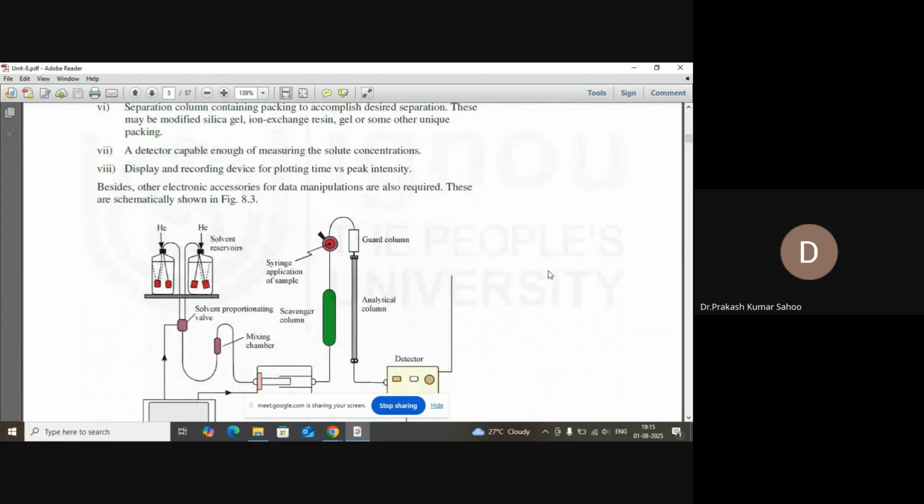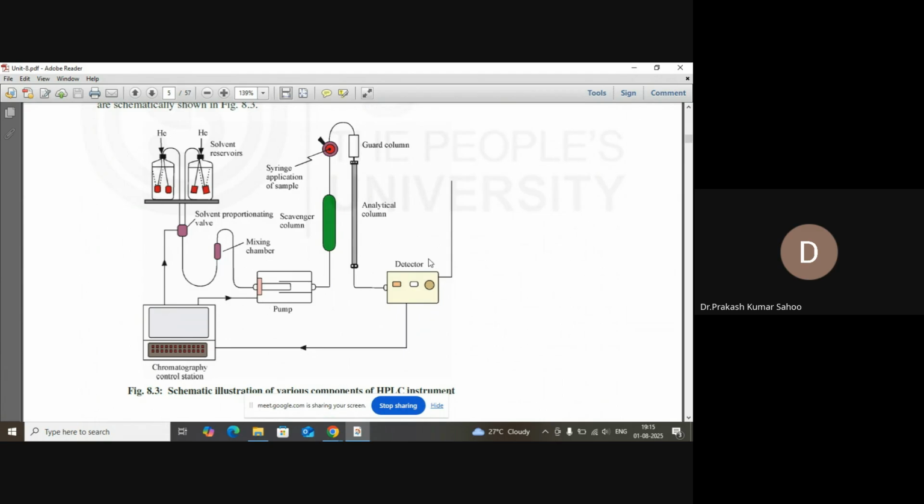Then the HPLC instrumentation, just see here, this is the instrumentation we have, and here we have two solvent reservoirs, and here the helium is used, and this is the sample chamber. After the solvent, there are proportioning valves.